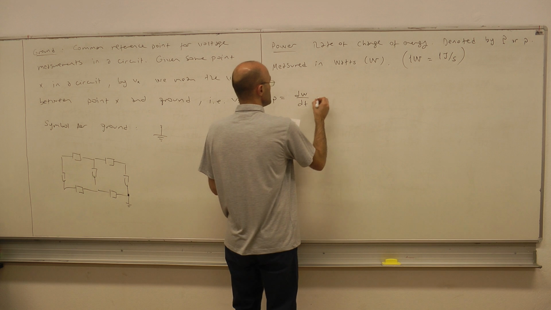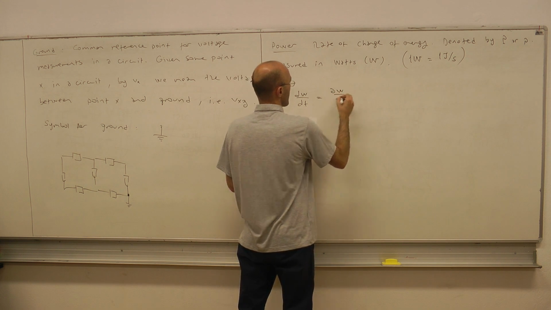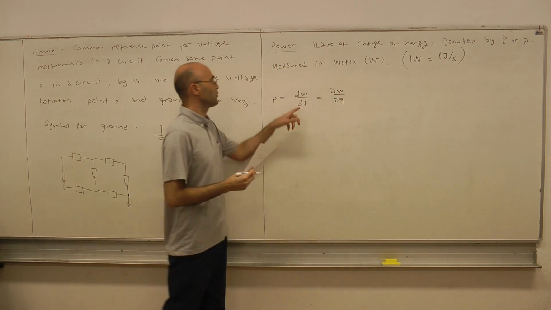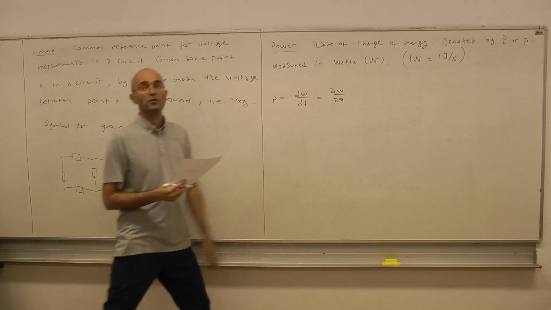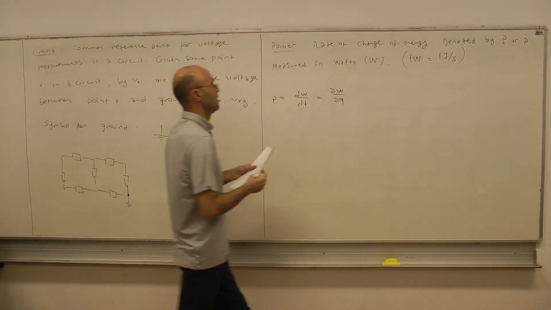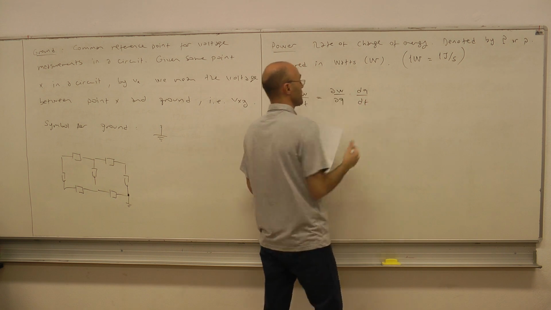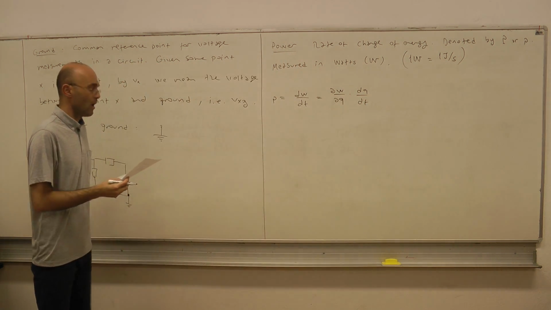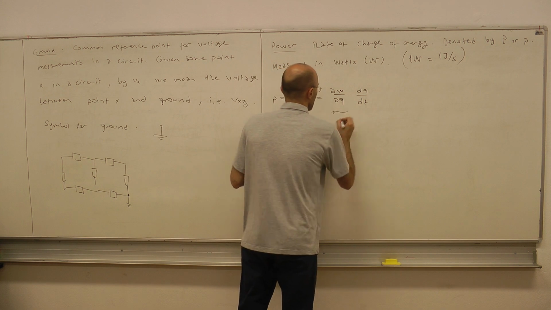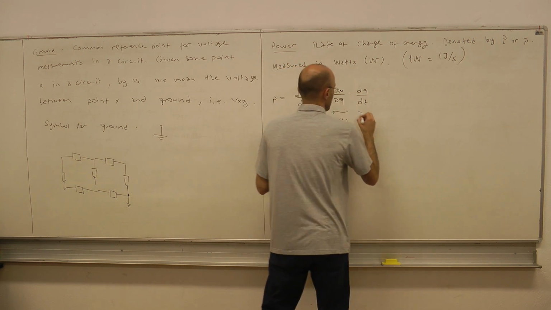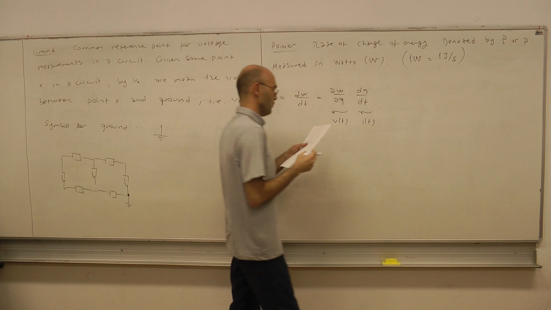And we've already seen that the rate of change of work or energy with respect to charge is voltage, v of t. The rate of change of charge with respect to time is current, i of t.